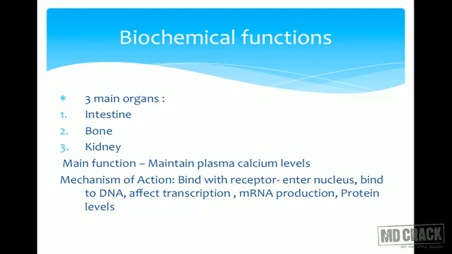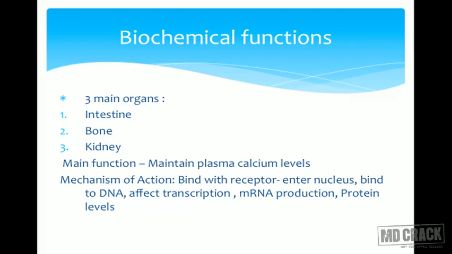The minute this hormone receptor complex binds at the DNA, it acts at the level of the gene. It regulates the gene expression; either it increases the synthesis of a protein. One of the most important proteins that is increased is known as calbindin. In the intestine, that is the main action it has. Calbindin, from where did the word come?